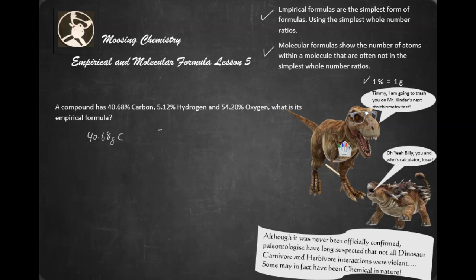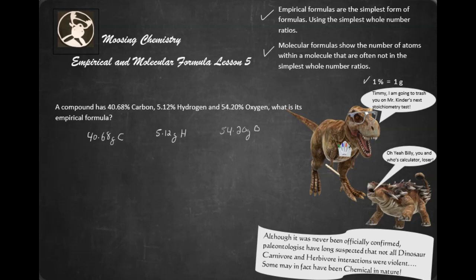And that means we'll have 5.12 grams of hydrogen, and we'll have 54.20 grams of oxygen.